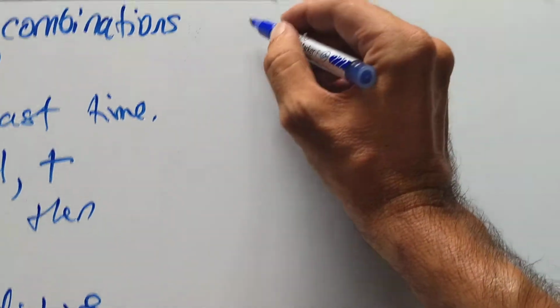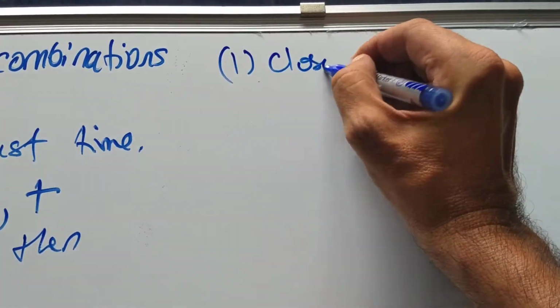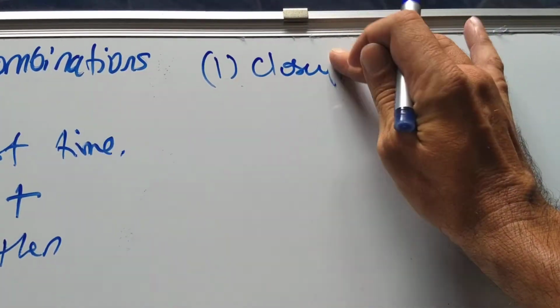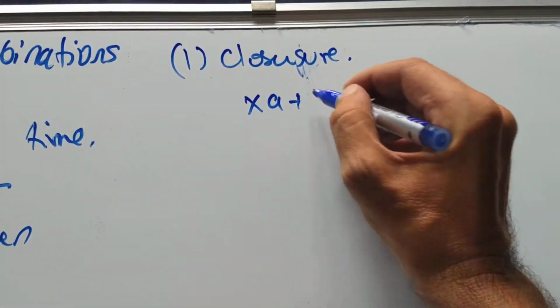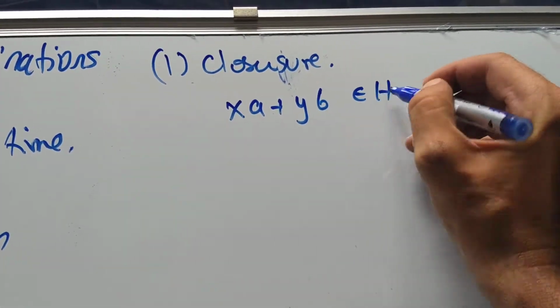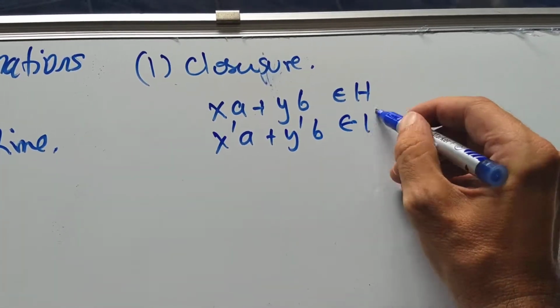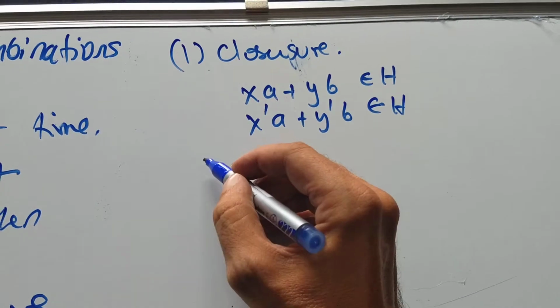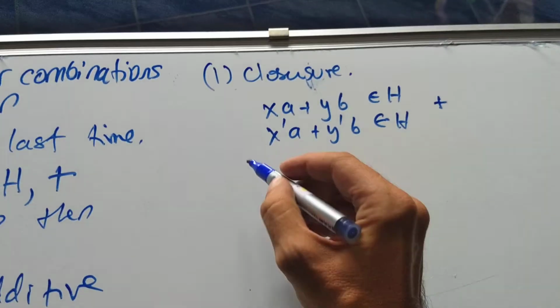So H is a group, so it has to have the four group properties, closure being one of them. Let's take two elements, xA plus yB in H, and x prime A plus y prime B, which is also another element in H. The combination rule is plus. Let's add them together.